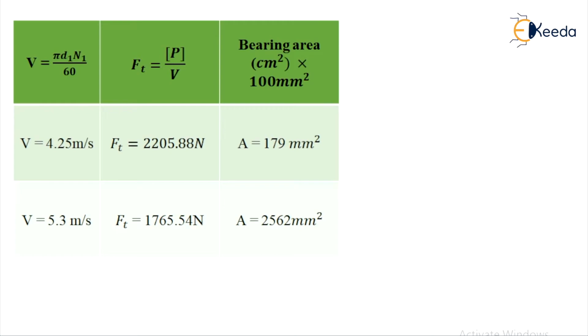Ft, that is tangential force, is calculated with the formula P upon V. So the value of Ft for 16A1 is 2205.88 Newton, and for the next chain, that is 20A1, is 1765.54 Newton. Bearing area is calculated as 179 mm square and 262 mm square respectively.